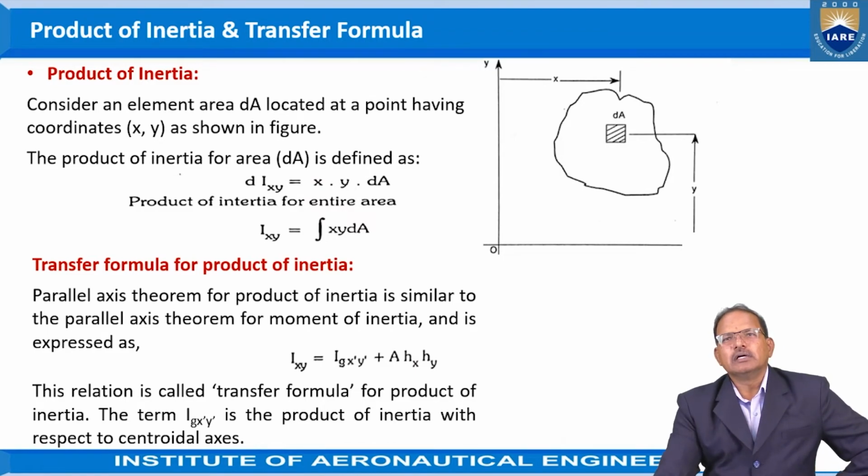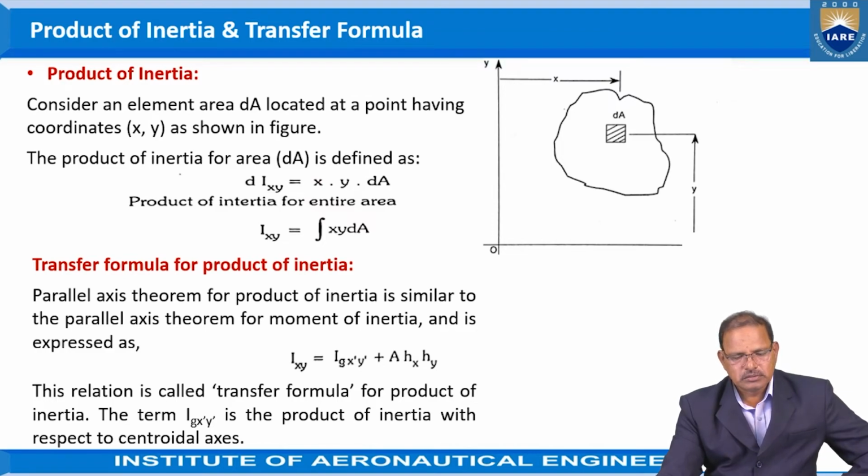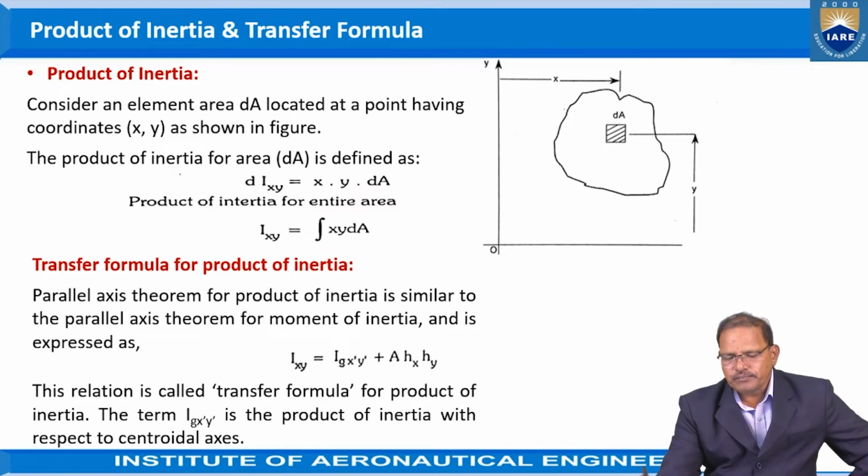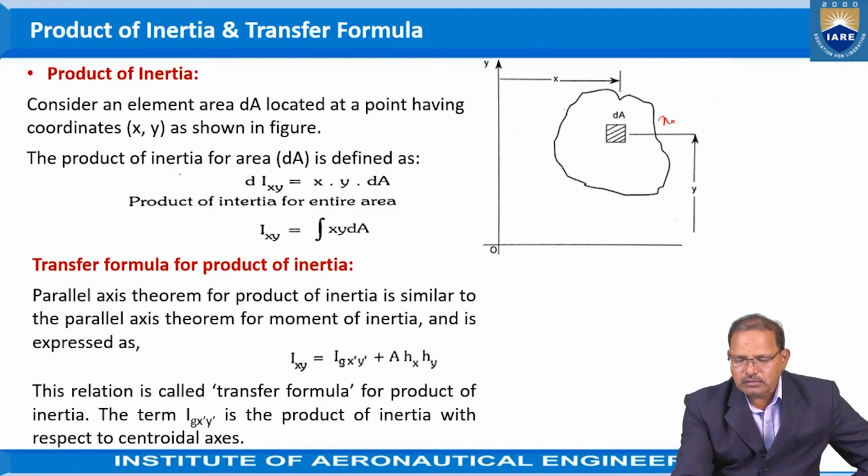The product of inertia and transfer formula. The product of inertia is explained mathematically as follows. Let dA represent the element of area, having coordinates x and y in the xy plane as shown in the figure.